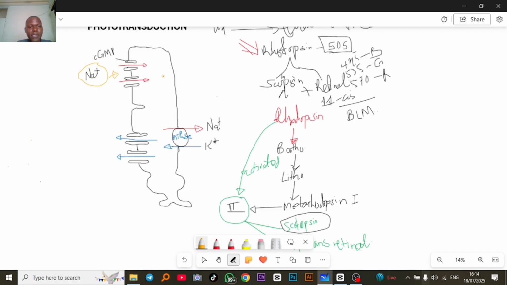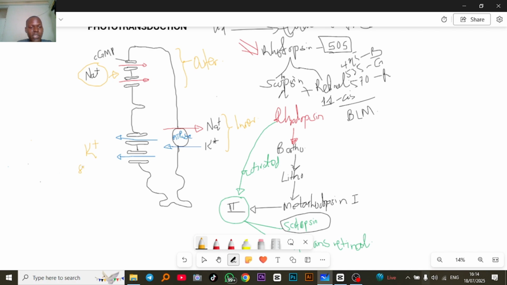This is the outer segment, where I have these cyclic GMP gated sodium ion channels. Whereas in the inner segment, we have the sodium potassium ATPase pump, and we also have potassium ion channels that are selectively permeable to potassium ions, and they are not gated.